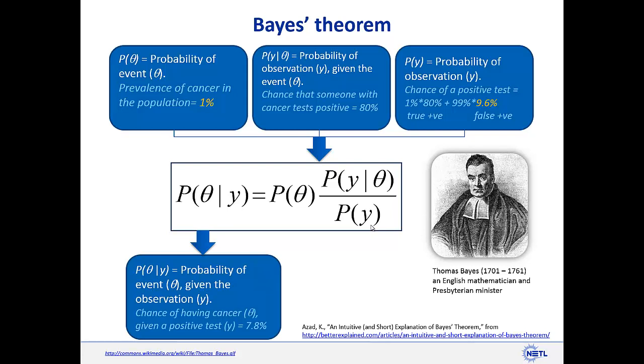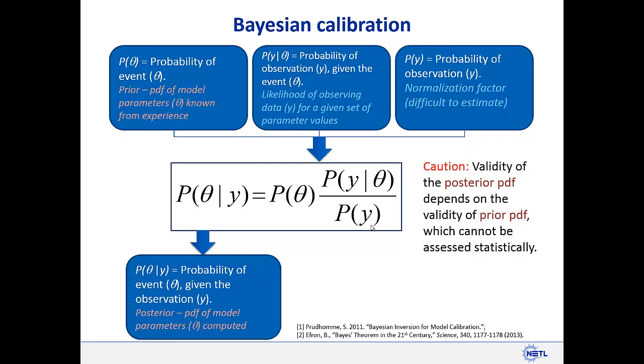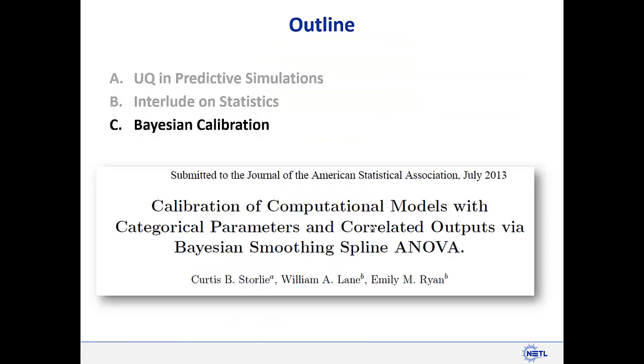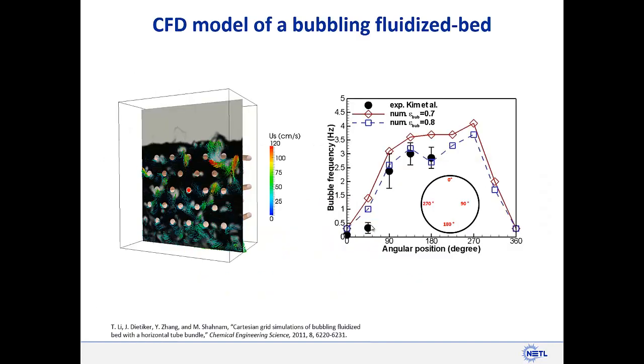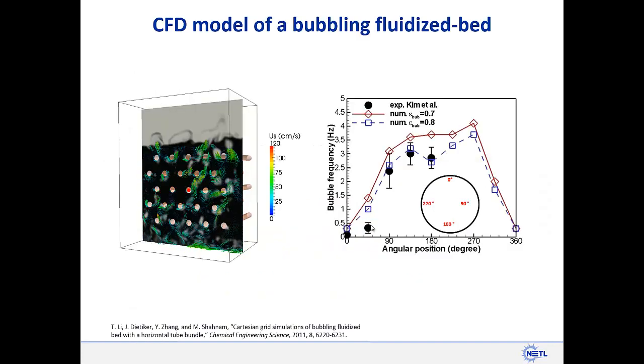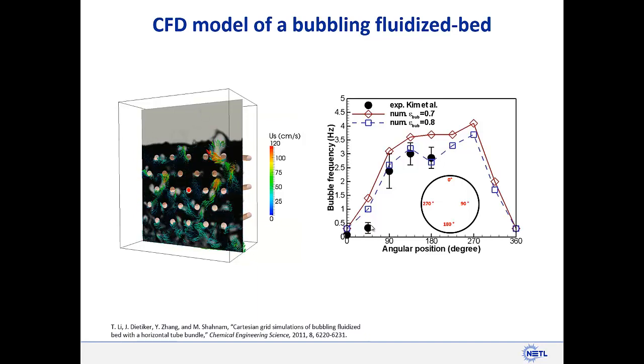In this case, my colleagues selected as inputs the gas velocity coming from the distributor and the angular location around the tube as another input parameter. And they used a bunch of modeling parameters. I will not go into all the details, but I want to point out that these are all continuous variables, restitution coefficients and packed bed void fraction, etc. But what I also want to point out is they used a categorical variable, the drag model.